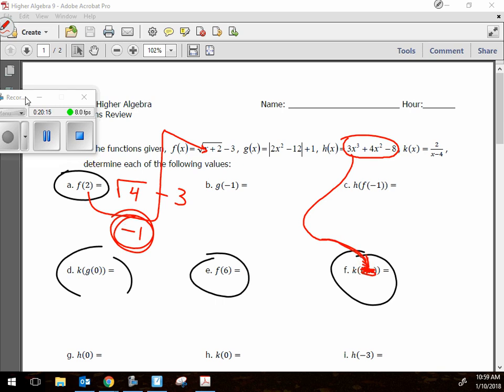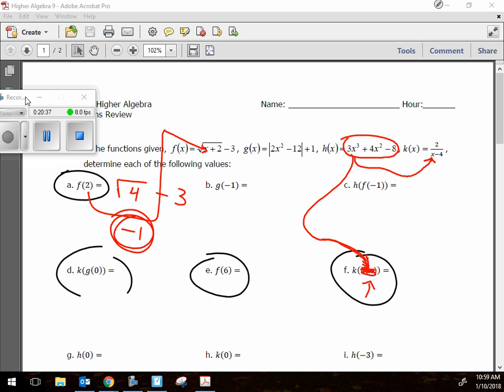And that means we do k of that. What does that mean? That means you stick all that stuff in the k function. K of that stuff, so you stick all this into k, which means you'd stick it in there. So your final answer will be 2 over a whole bunch of stuff, which you need to simplify.